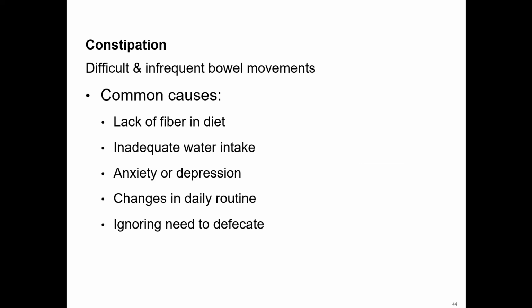Some other general things that you see very commonly in the GI tract for various reasons: constipation. That could be just dietary related. It could just be you don't have enough fiber in your diet. Fiber, and we'll talk about this in chapter 5, is a complex carbohydrate, a polysaccharide that we need from plants. If we're not eating a lot of plants or some healthy fibrous fruits and vegetables, legumes, beans, we're not getting enough fiber in our diet.